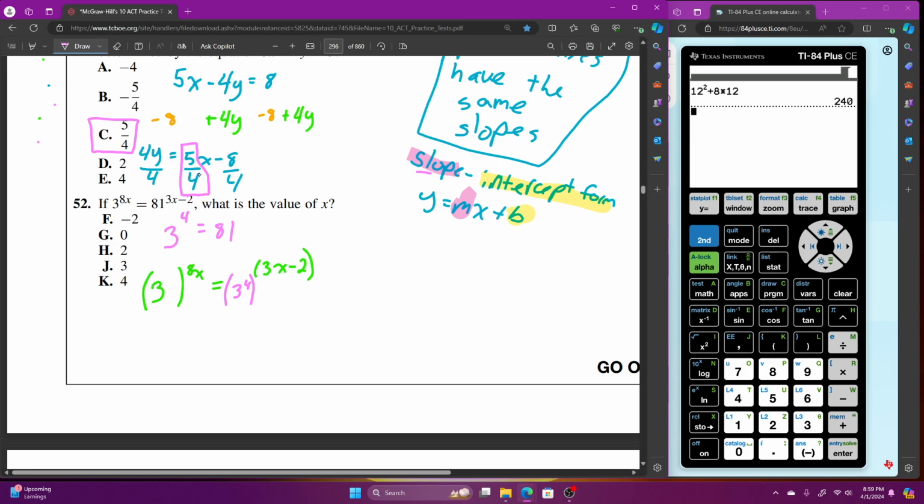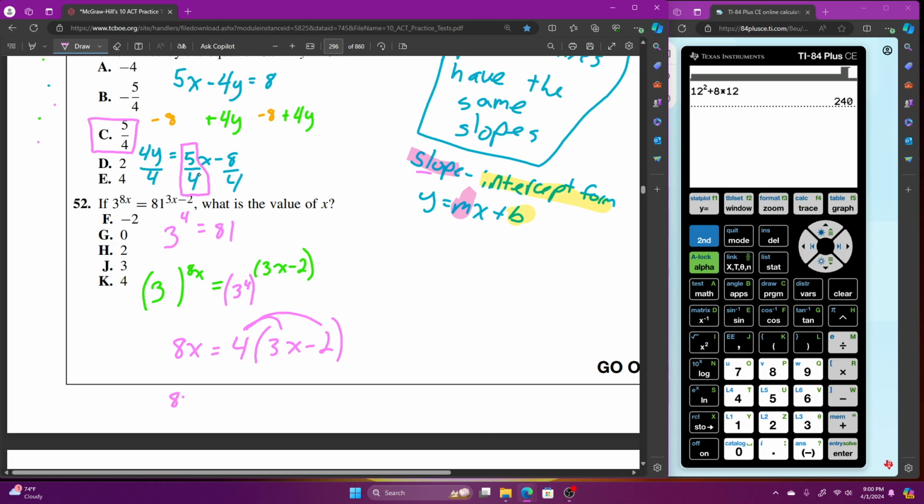Now, my base, I have a 3 for both of them. Now I can say that this 8x here equals 4 times 3x minus 2, and I can use that information to solve for x. I have my 4 outside of parentheses. That's telling me to distribute the 4.